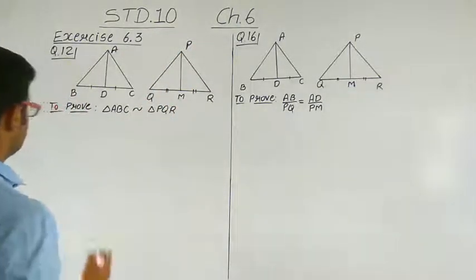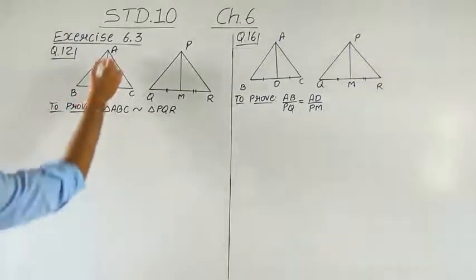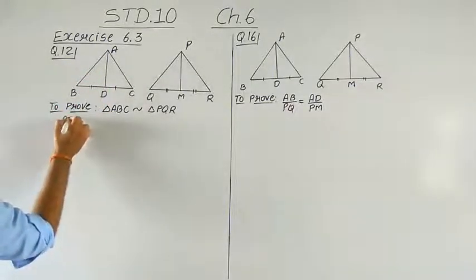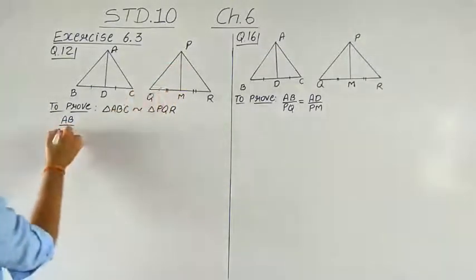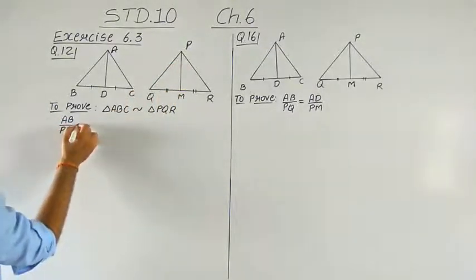What is the given condition here is that side AB of this triangle is proportional with this side PQ.